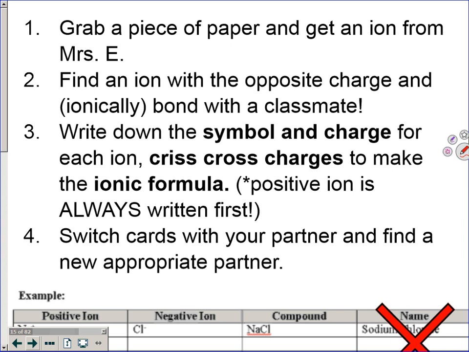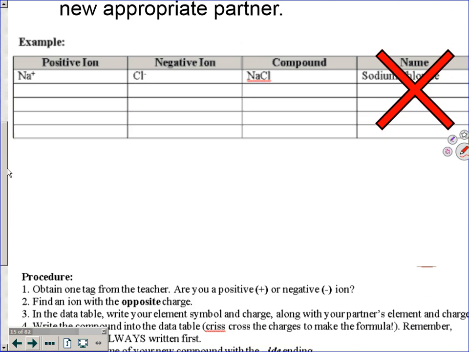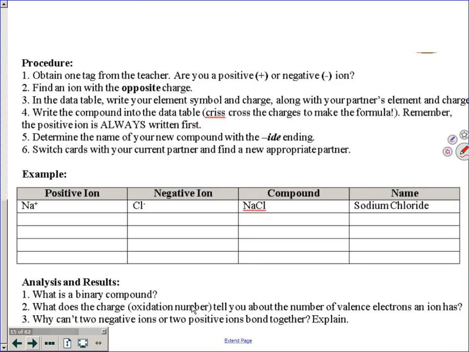Well, I need a plus. For the answer, you don't have to put the charge. On the answer, you don't put the charges.